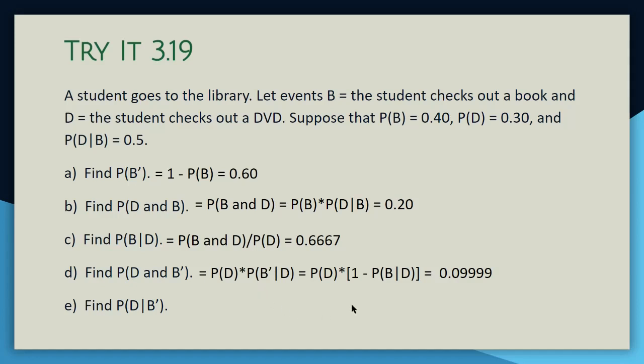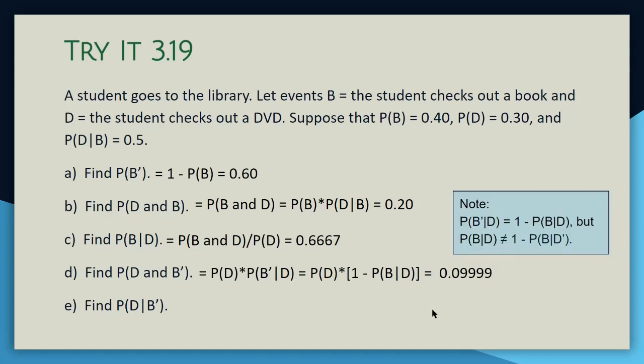So P(D) times 1 minus the probability of B given D is 0.09999.